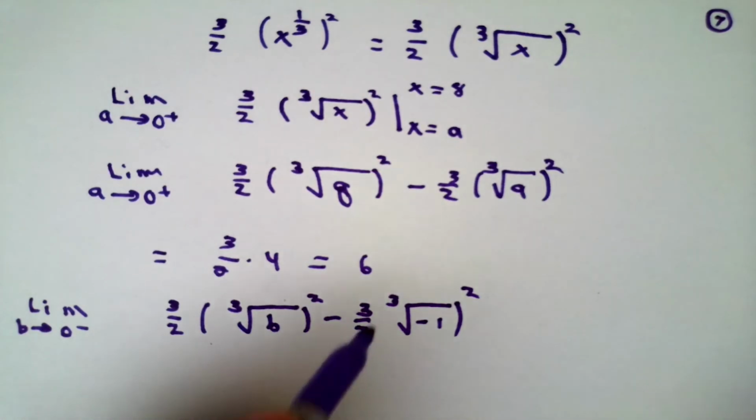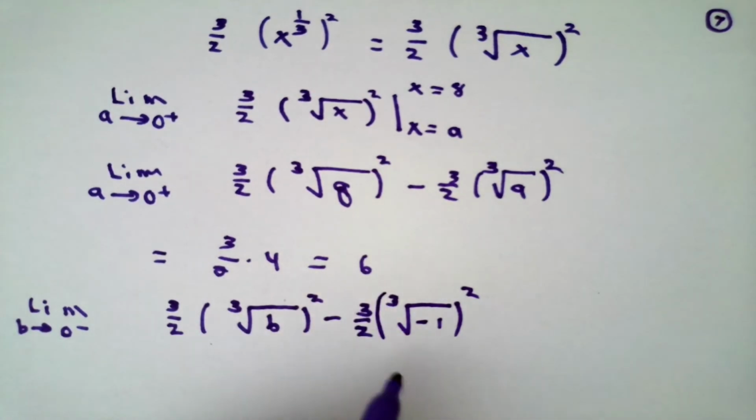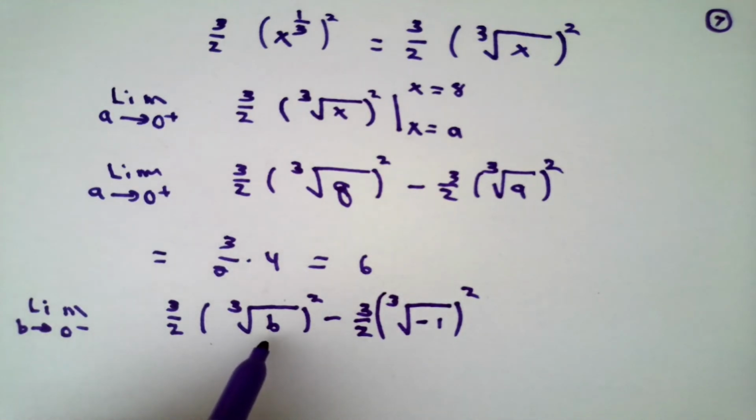The cube root of -1 is -1. When you square that, you get 1, so we are subtracting 3/2 here. On the other hand, when b is small and negative, cube root of b will be as well. The square of a number of small absolute value is small.